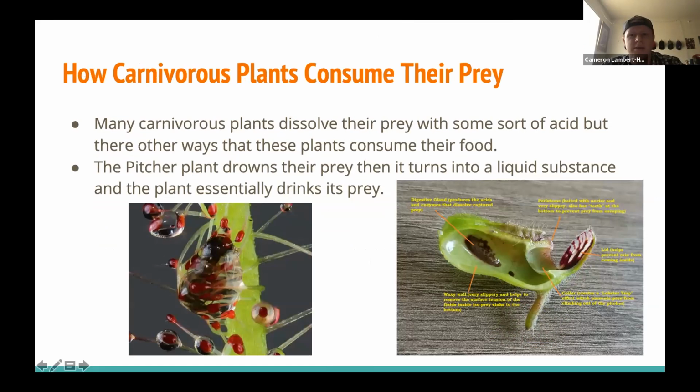So there are several ways that plants consume their prey, and for most of them it's just by digestion. It just dissolves their prey in some sort of acid or enzyme. Again, the pitcher plant drowns its prey and then turns it into a liquid substance. In the right picture, you can see the pitcher plant cut in half, and that brown thing is a digestive gland that produces the acids, and that's what gets mixed with the rainwater to dissolve the prey, and then it allows the plant to drink the prey.